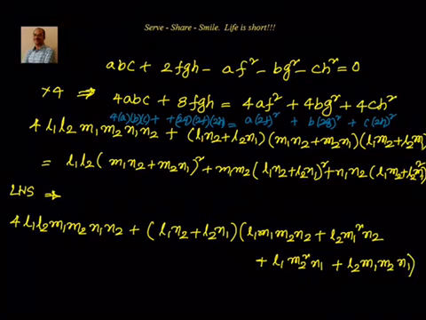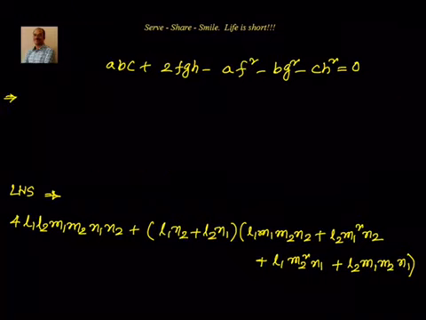Now we have to multiply this so that we can get all the 8. We'll go to the next step. We'll write down 4 L1 L2 M1 M2 N1 N2 plus, now we'll take L1 N2, multiply this whole thing, then we will take L2 N1 and multiply this whole thing.